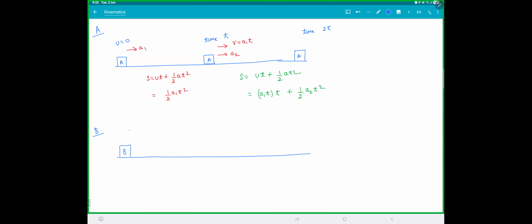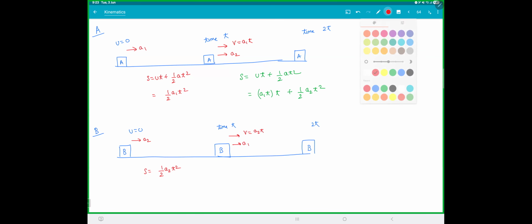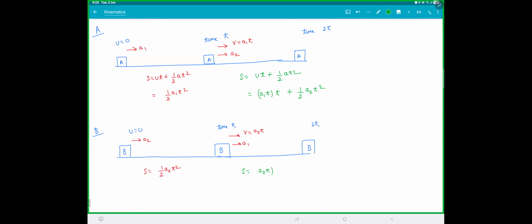If you look at B, same story, u is zero. This is a2, so this distance will be half a2t square. By here, you must have gained a velocity a2t, so speeds are different. This guy will be a2t, that is your initial velocity, into time plus half a1t square.